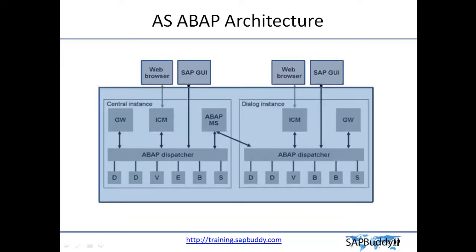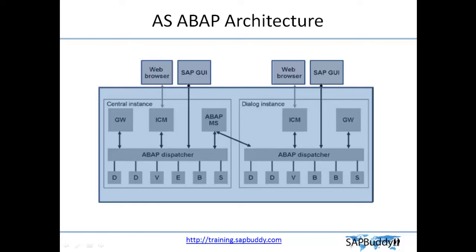Now in this particular slide, you can see application server ABAP architecture altogether. Here you can see we have a central instance as well as a dialog instance. The difference between the central instance and dialog instance: you can see an ABAP message server, and also the enqueue server. The enqueue server is not available in the dialog instance.